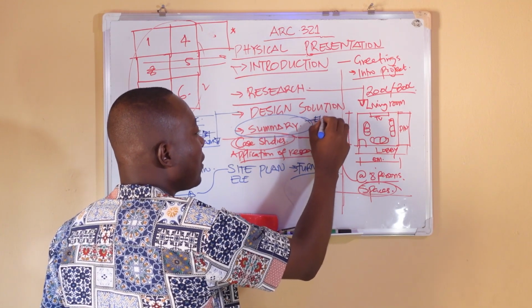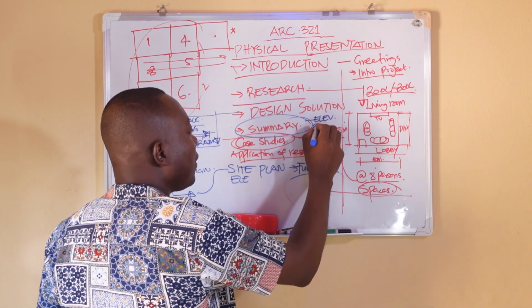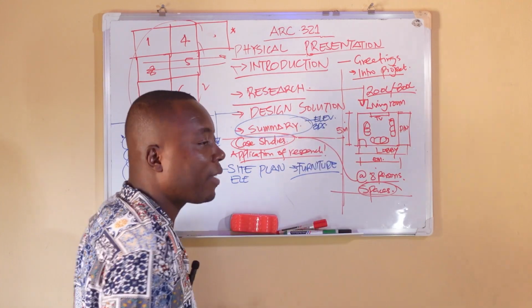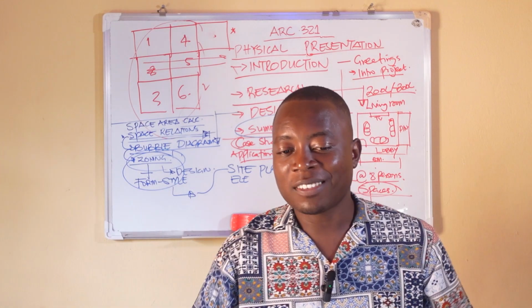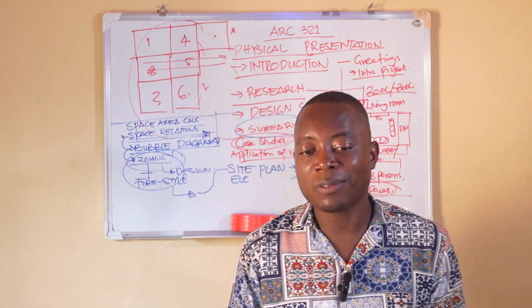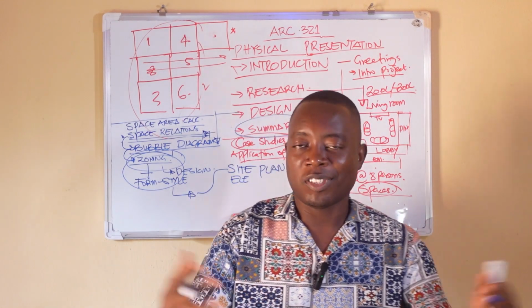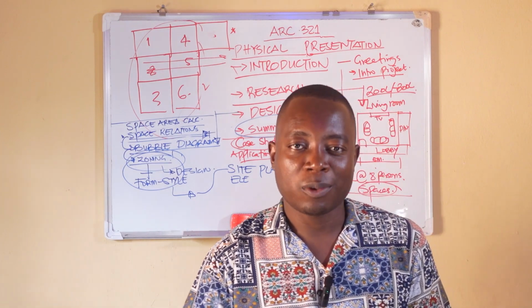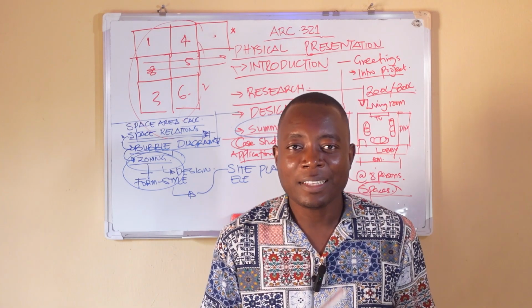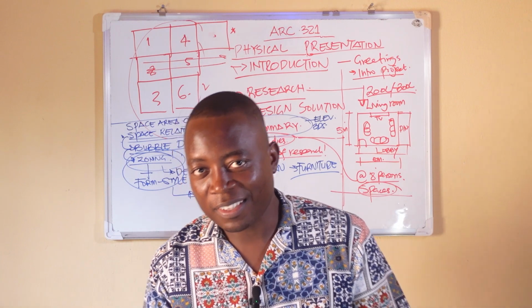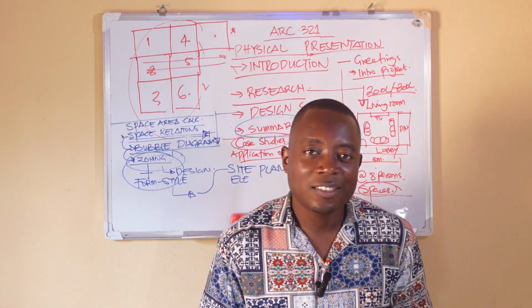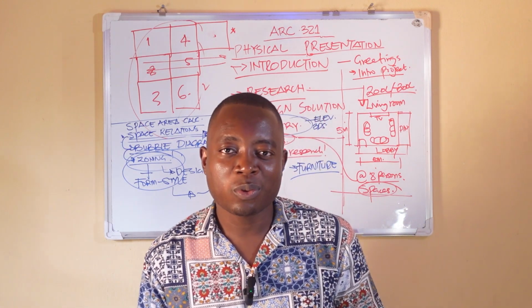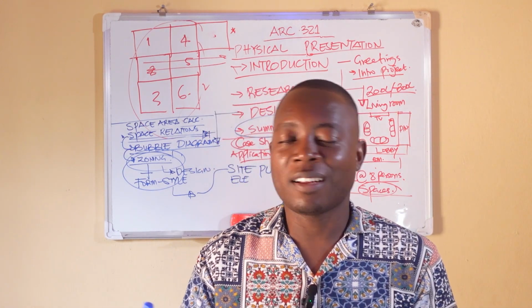So summary is basically elevation and 3D renderings or 3D diagrams, and all you are trying to say is, this is what I've designed, this is how it looks, this is how beautiful it looks, and you round up there with a good closure. And after that, you begin to listen to questions, take them in good faith, reply to the ones you can, and take corrections.